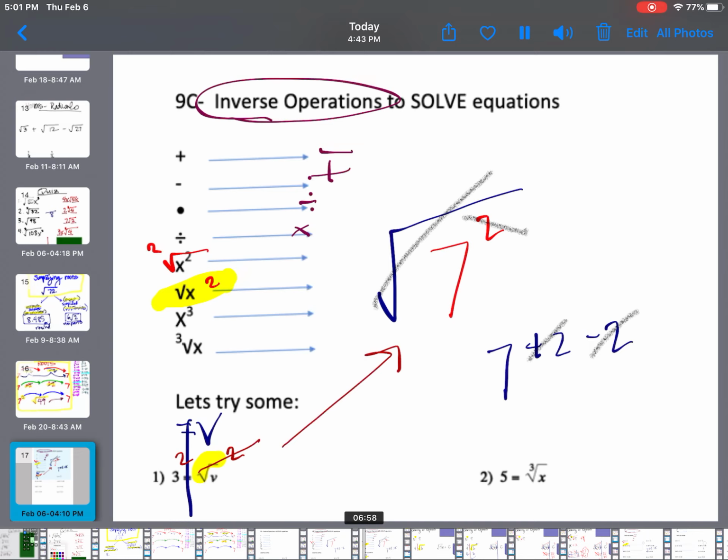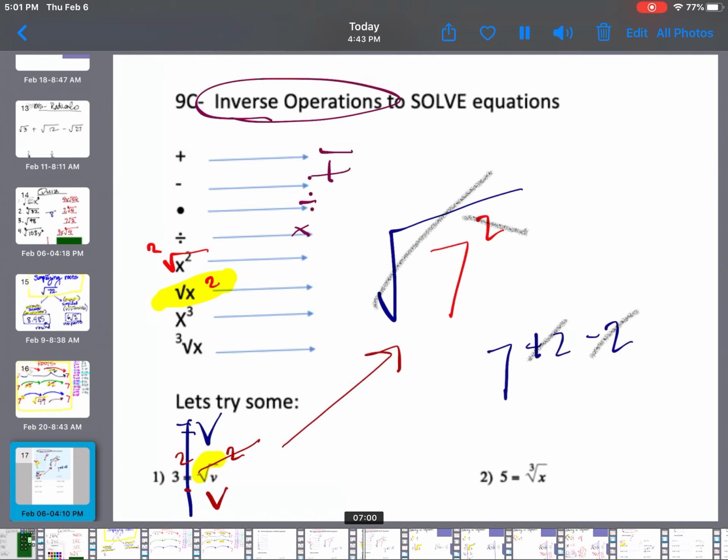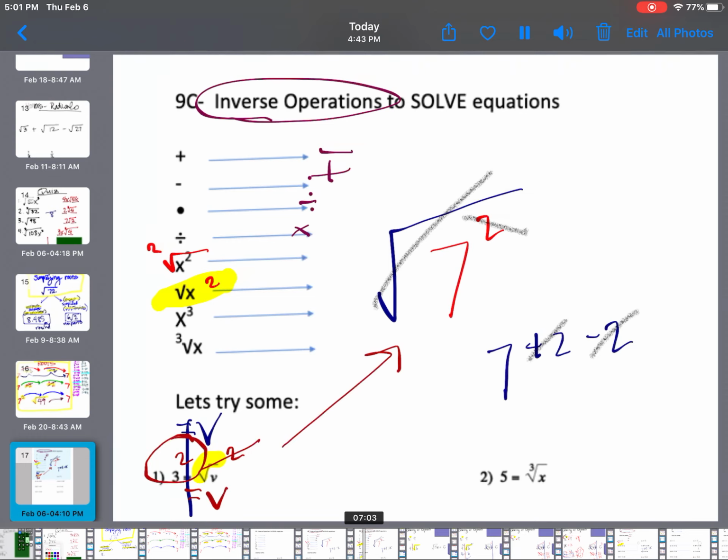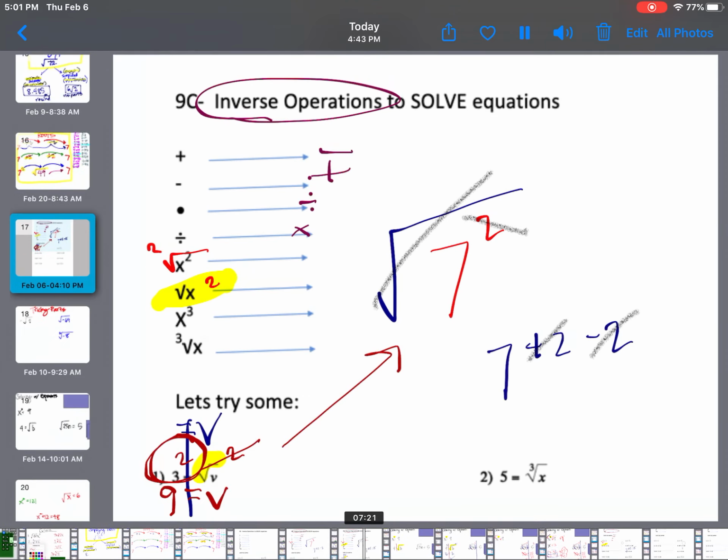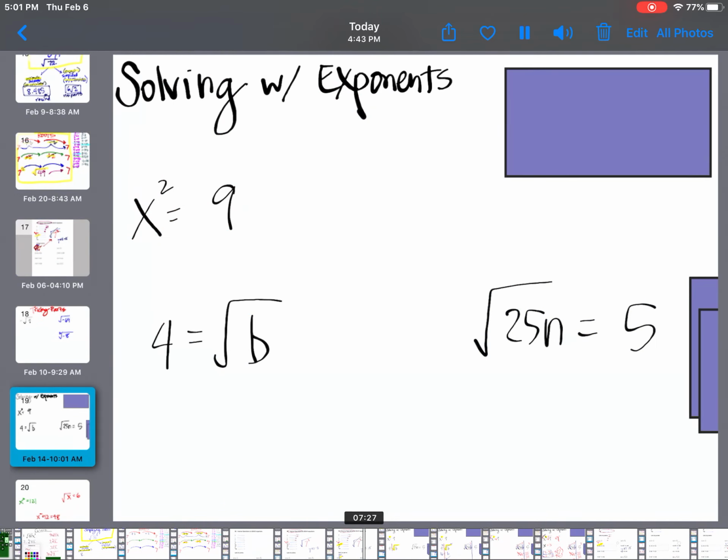The squared and square root cancel out, which leaves us with v. And on the previous page, you have some shortcuts for these squares and square roots. On the previous page, it'll have a little column that says 3 squared, and we know that 3 squared equals 9. That is the answer to that problem.